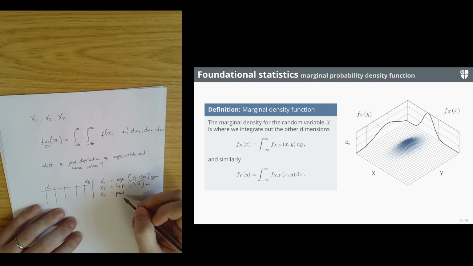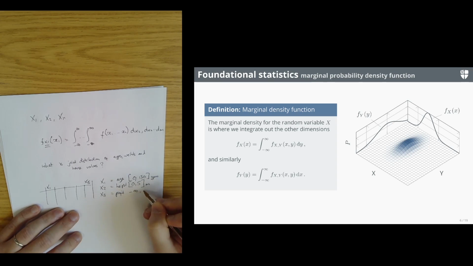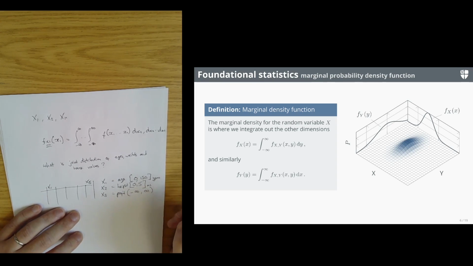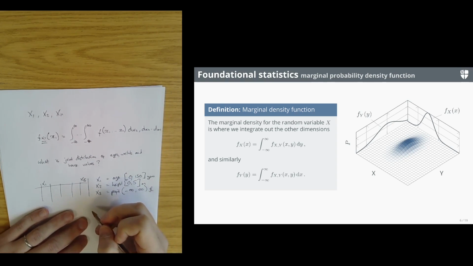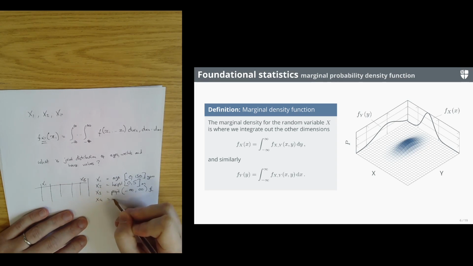And this could be unbounded, I suppose. You could even make a loss, so we could say it's between negative infinity and positive infinity. This is an unbounded interval, and that can be in pounds. Then we could say x4 is the weight, and this can be in kilograms, maybe 0 to 1,000 kilograms.